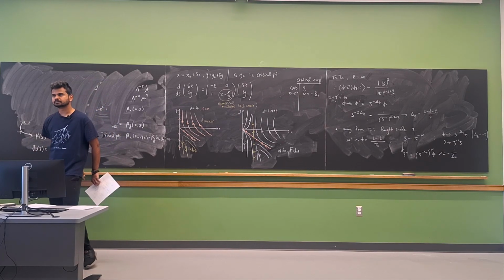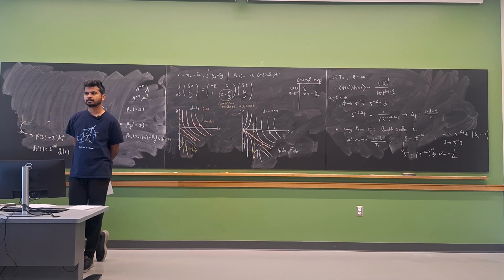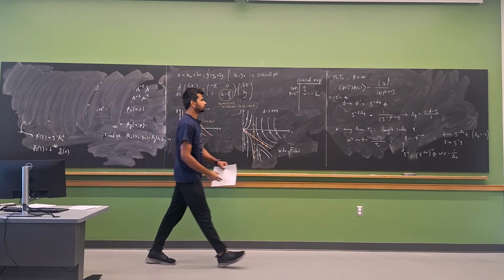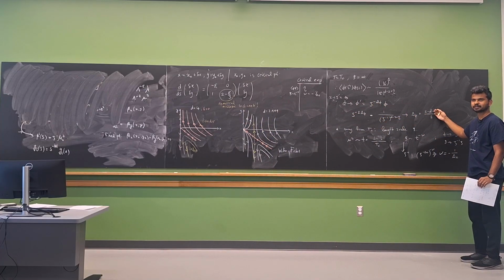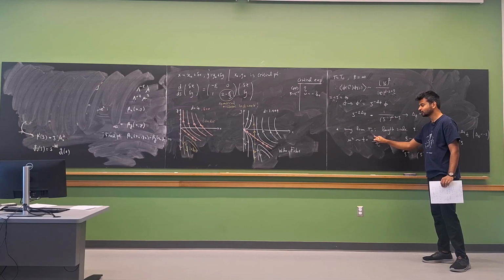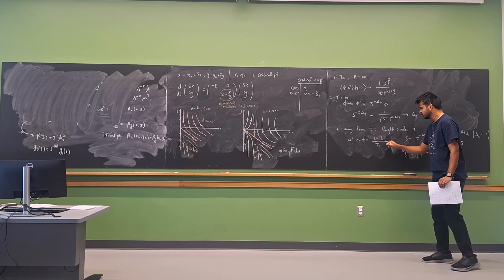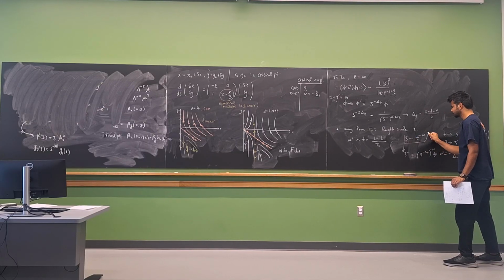So how do I see that you are approaching criticality in this? From here, you don't. It's just for later use that I did it. But here you can, right? When t goes to Tc, this goes to 0. Then correlation length diverges. So here you see it.